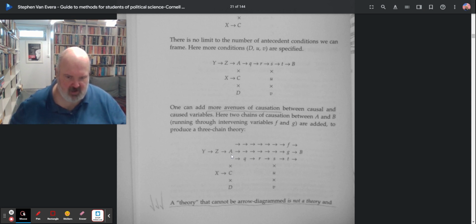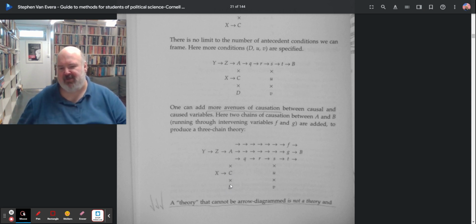In other words, what happens here is how these affect that, and in turn affect that, leads it to go either this way or this way.